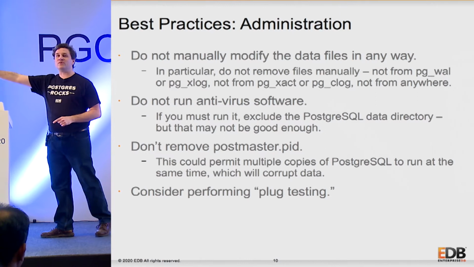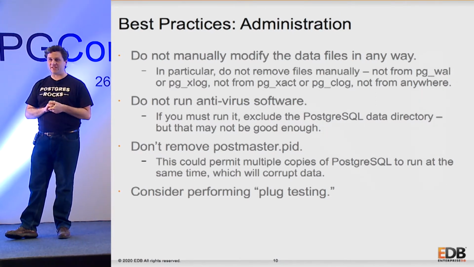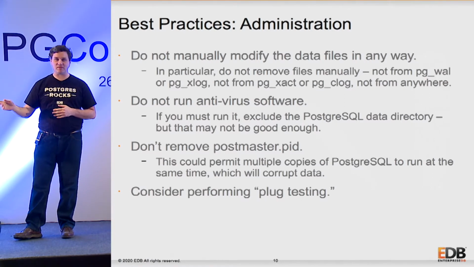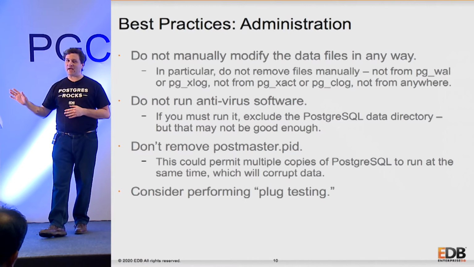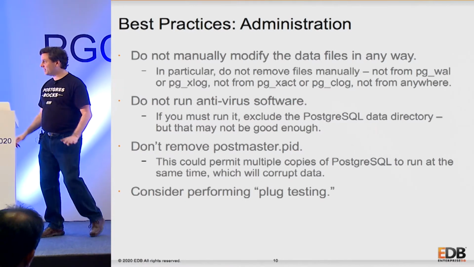The problem is even worse if you decide to remove the files from pg_xact or pg_clog. People who know what those files do in the room are probably laughing, but it's very bad if you remove those files, and it's happened countless times.